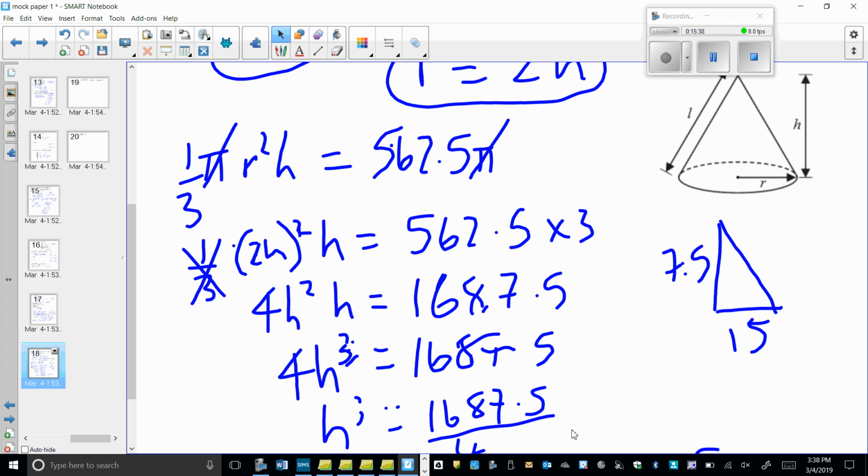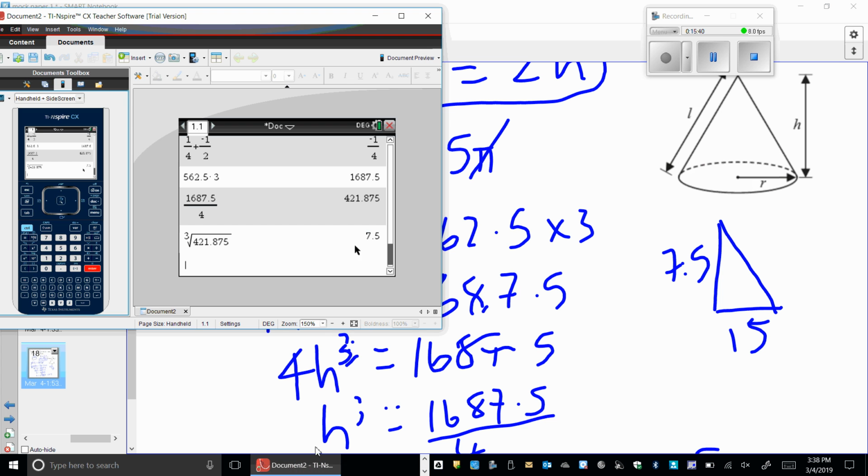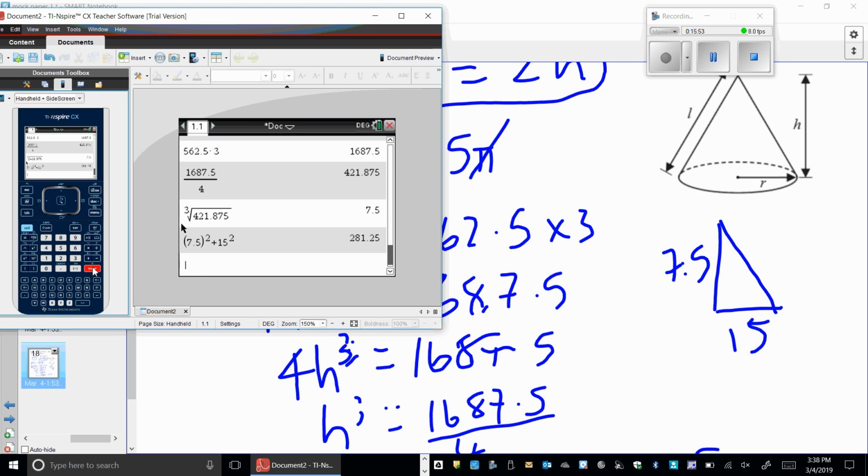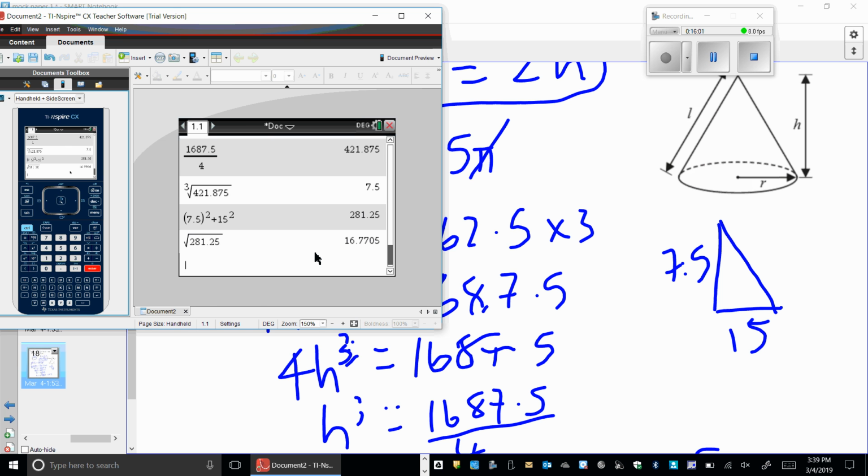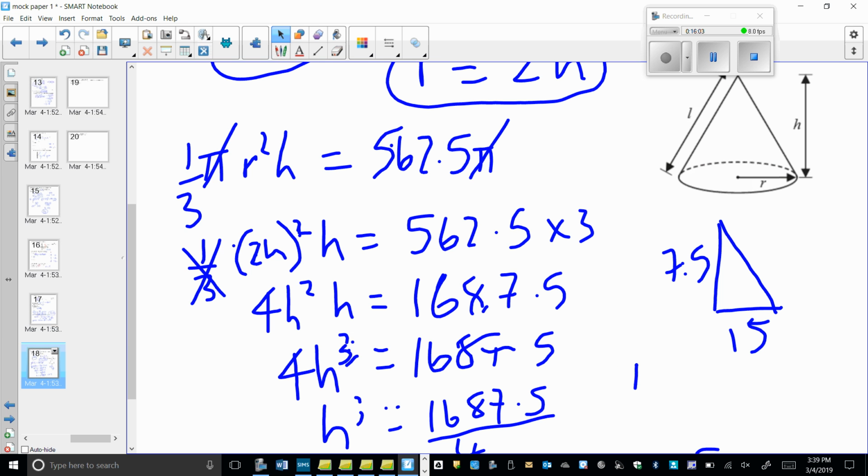So it's 7.5 squared plus 15 squared, and the square root is 16.7705.